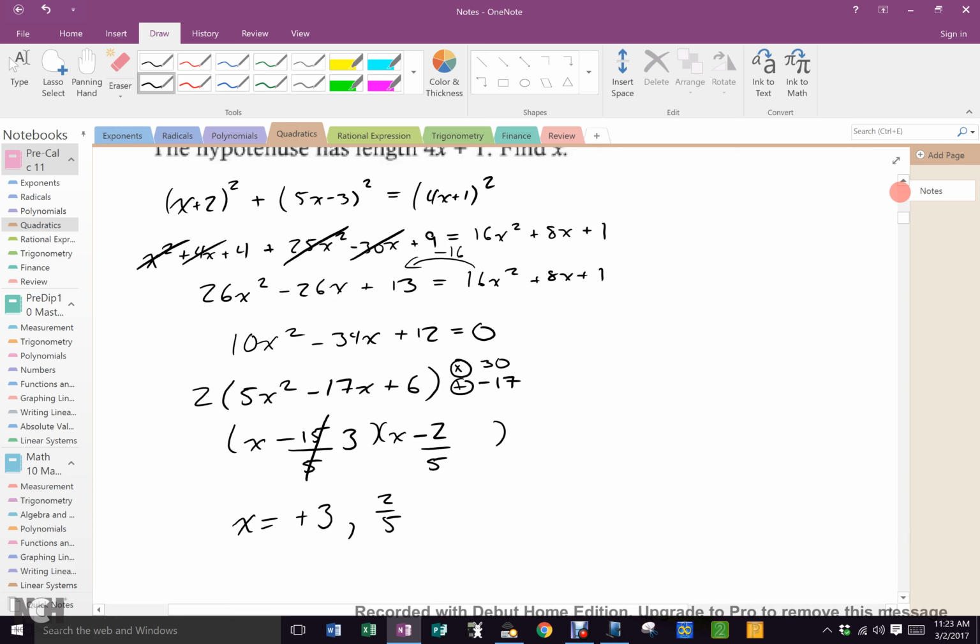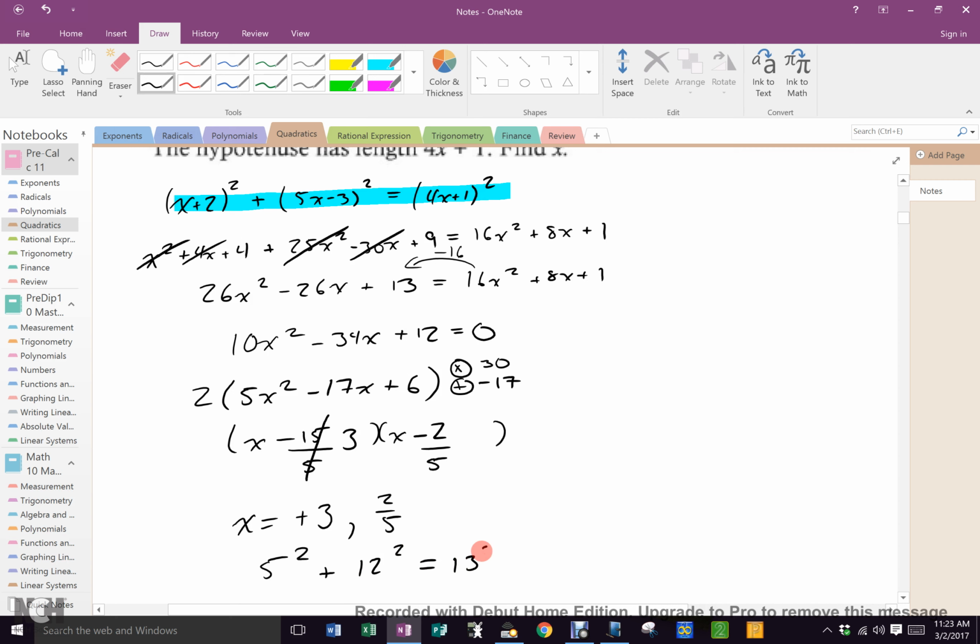Check them. Where? At the very first. Do I have to go to the very first? Or can I go right there? Well, you can go there. Technically that, yeah, you're right. So put in 3. What's 3 plus 2? 5 squared plus, what's 5 times 3? 15 minus 3 is 12 plus 2, or times 12. 5 squared plus 12 squared equals 4 times 3 is 12 plus 1.